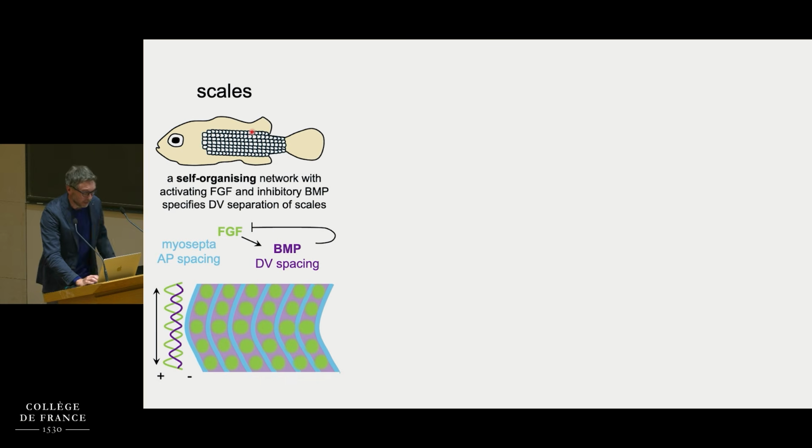To try to answer these questions, in an ordinary fish, self-organizing networks with activating FGF and inhibitory BMP specify, along the dorsal-ventral axis, the separation of the scales. We clearly show with the BMP inhibition experiments that along this axis, for the interplacoidal space, you need BMP signaling. Along the anterior-posterior axis, it seems that the pre-pattern is at least redundantly at work.